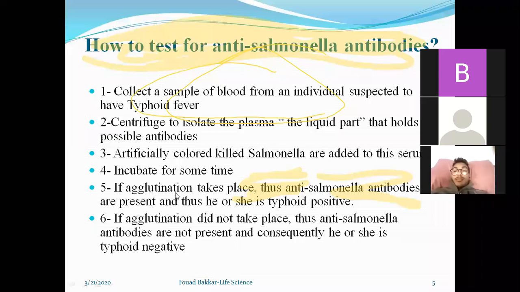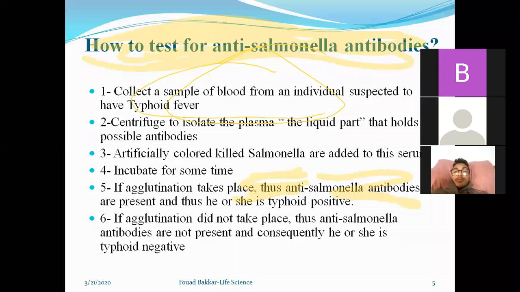If this agglutination takes place, it means that these anti-salmonella antibodies are present. However, if they were not present, this reaction will not take place, and this is how we can confirm whether you are typhoid positive or typhoid negative.